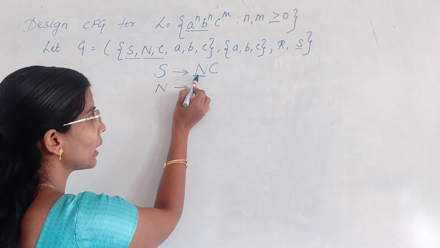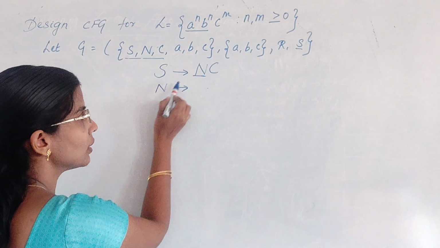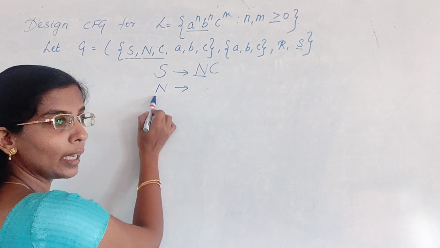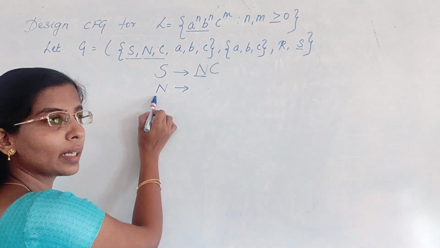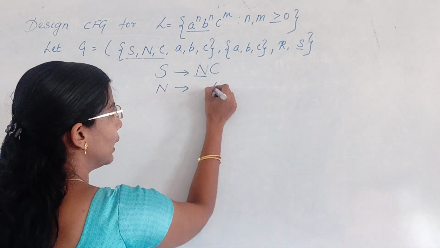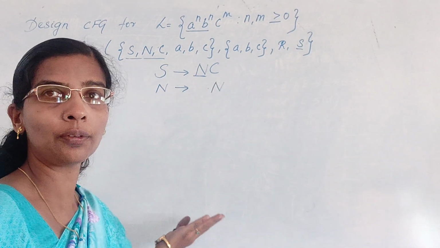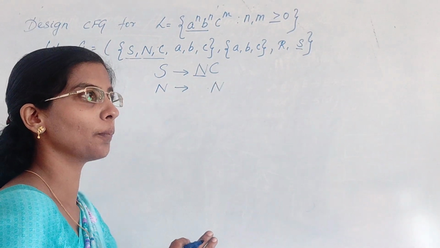Next I will write what could be this non-terminal capital N. As I told, you should generate from outside to inside.